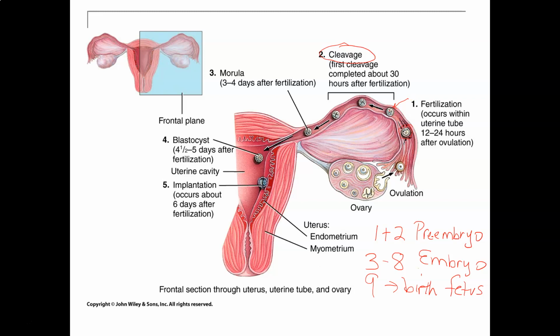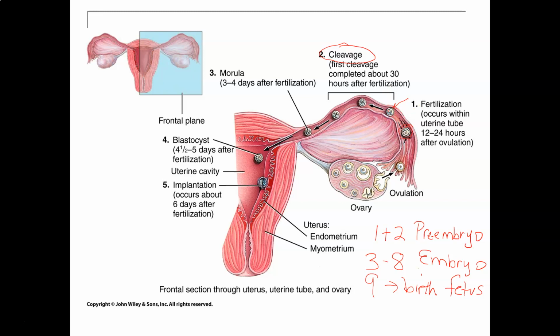And by the way, this is when sometimes those 2 cells separate, and each one develops into a separate baby, embryo and fetus, and that's how you get identical twins. They're identical because they have the same DNA, because they came from the same zygote, which means it was the same egg and sperm chromosomes that formed that zygote.